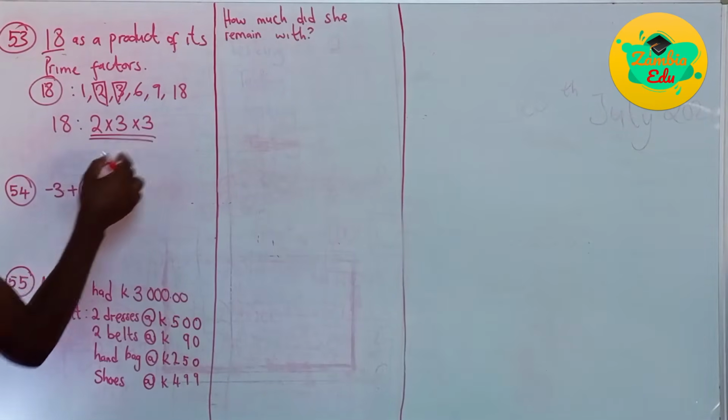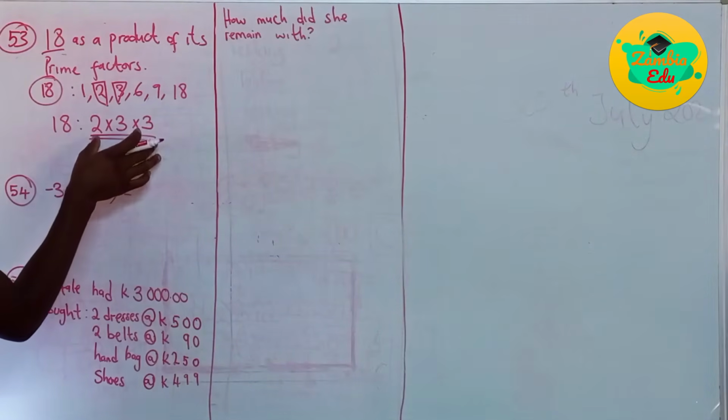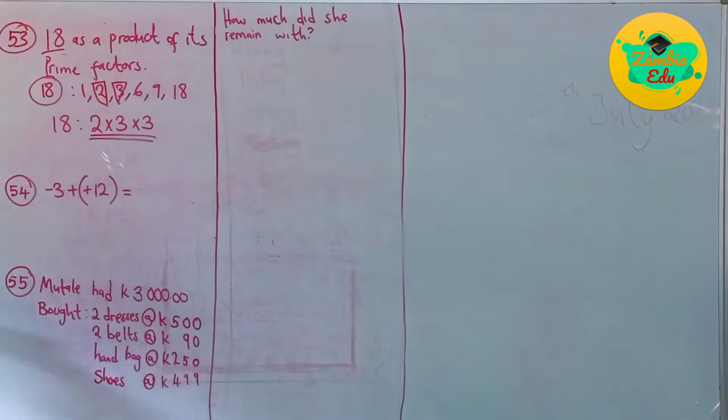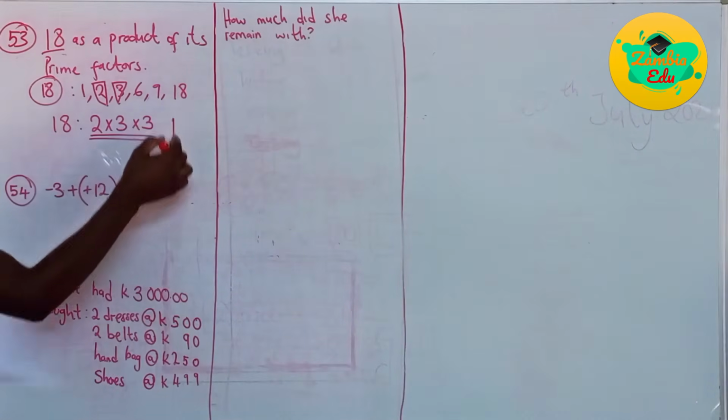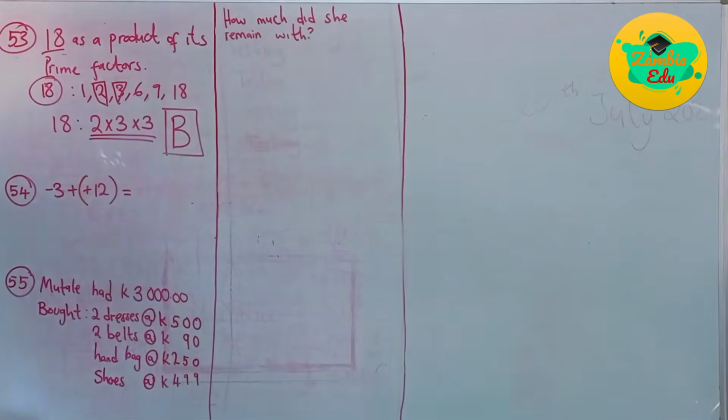So this is 18 shown as a product of its prime factors, and that was represented as option B. So 53, our answer there, was represented by B.